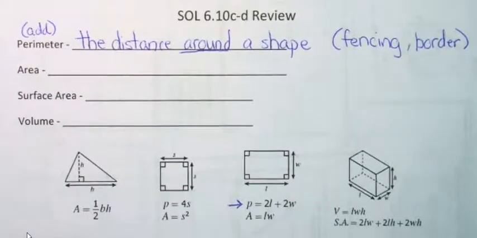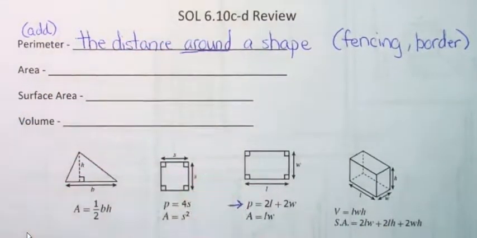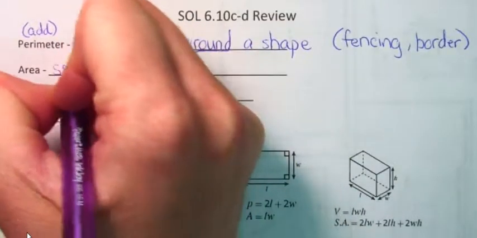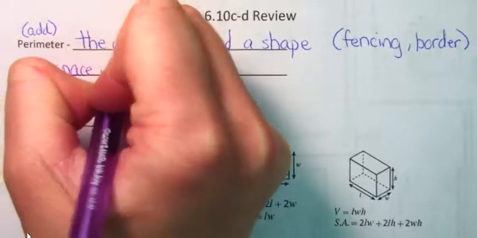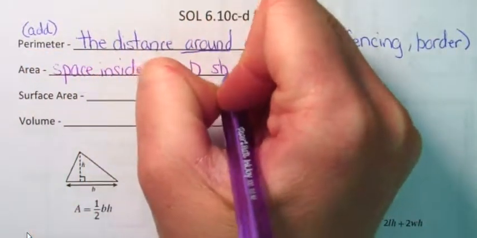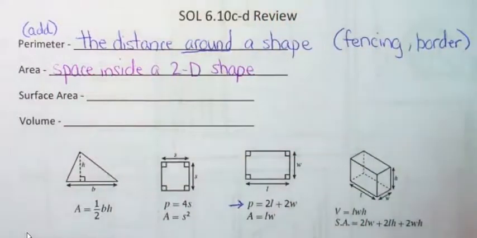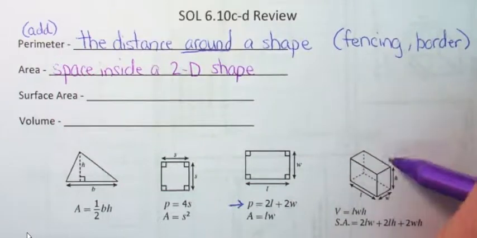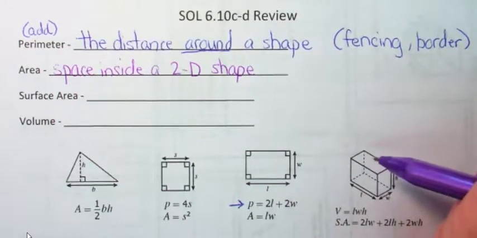Now area. Area is the amount of space inside a 2D shape. I do say 2D because that's going to make a difference when we get over here to our prisms that are 3D.